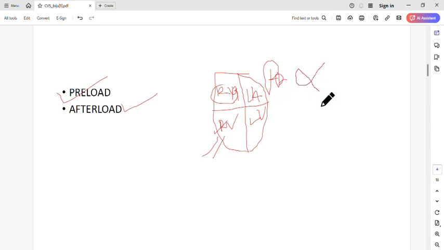Preload is directly proportional to venous return. I think you understand what I am telling.